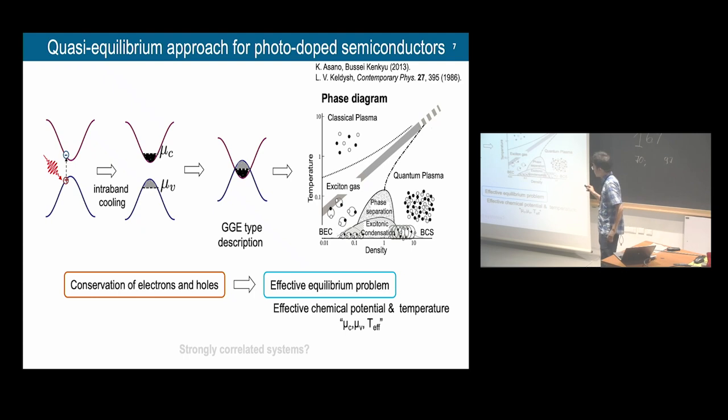People have been treating this state as an equilibrium state characterized by separate chemical potentials for the conduction band and the valence band, and also an effective temperature. People analyze this effective equilibrium problem to write down the non-equilibrium phase diagram of photodoped semiconductors. We want to apply this kind of idea to strongly correlated systems as well.